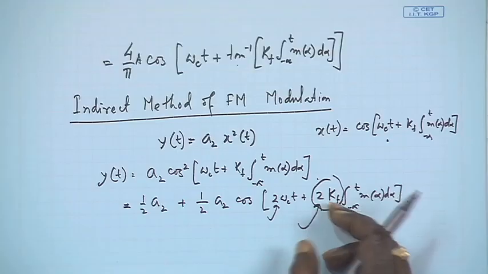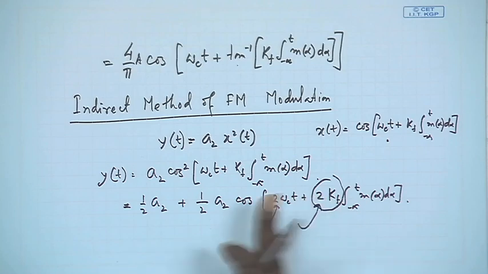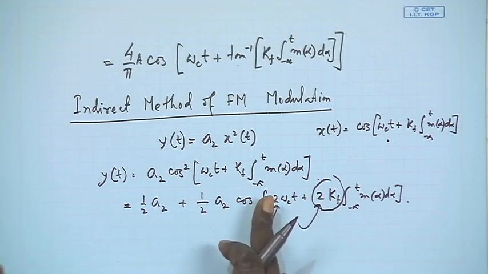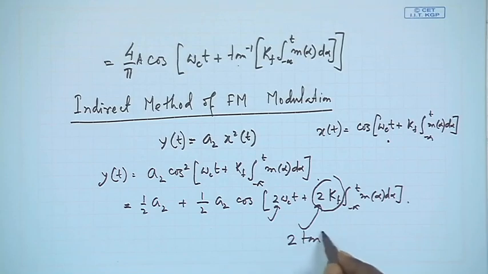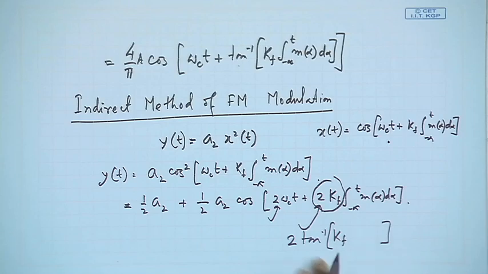Okay. So, it will keep on happening, and the good part is, if it is tan inverse, the 2 will be outside, remember that. So, this 2 remains outside, and then you will have this tan inverse, this kf into this part. Okay. So, inside tan inverse, it is still that narrowband FM.